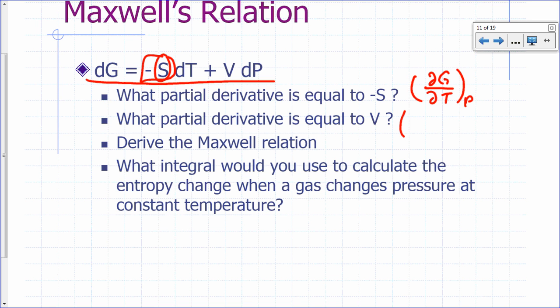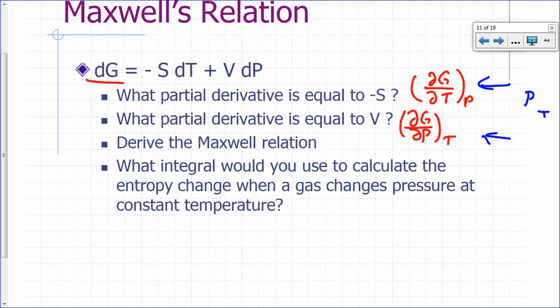And volume is the partial derivative of G with respect to P at constant T. What's the Maxwell relation that we can derive from this? We're going to do cross derivatives, right? So this time we're going to take the derivative of this with respect to pressure at constant T. And for this one, we're going to take the derivative with respect to temperature at constant pressure.